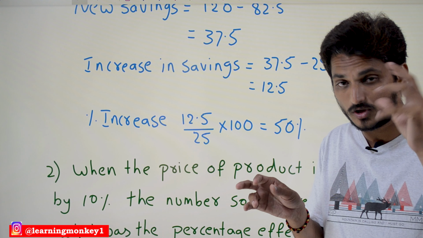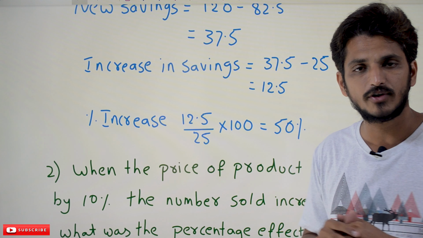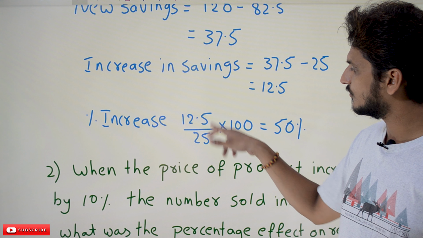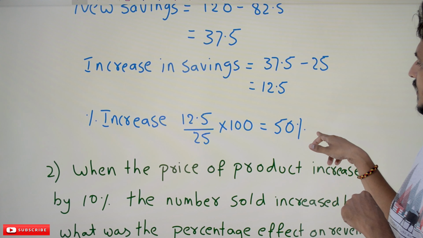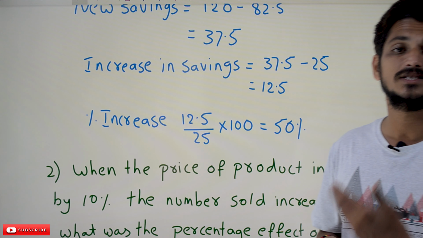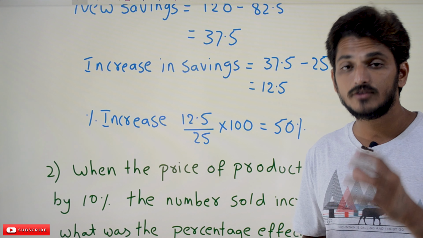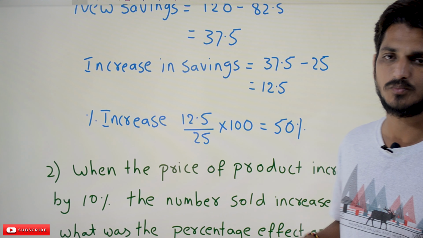This point you are going to remember if I explain like that, 12.5 parts out of 25 parts. You are getting the percentage value. 12.5 by 25 multiplied by 100, you are going to get the percentage value, which is 50% increase in the savings. So everything from the basic points.